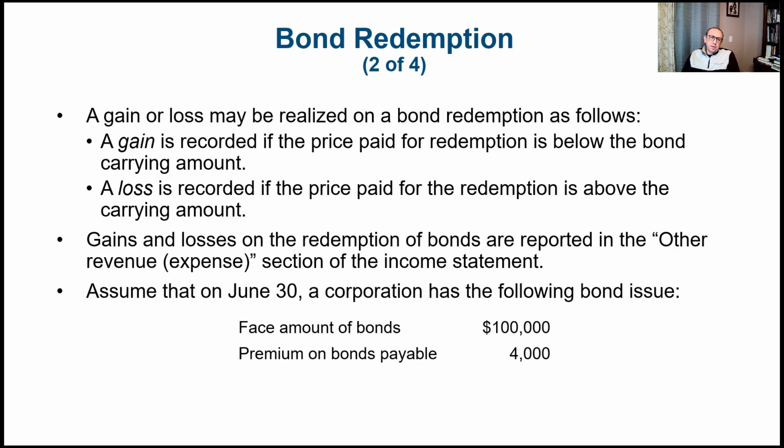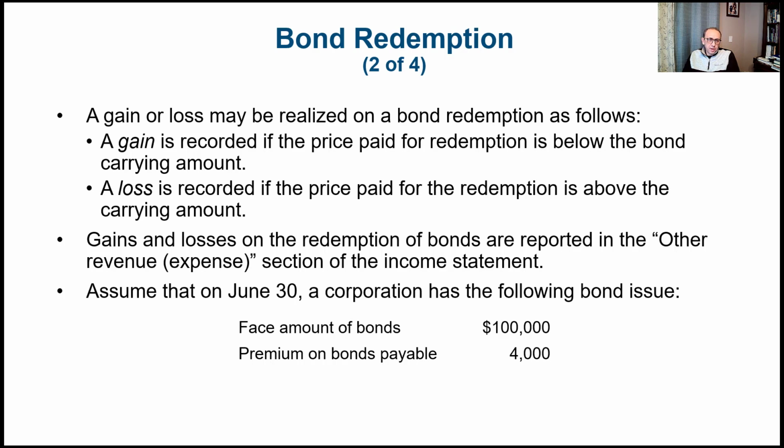So we might have a gain or loss. A gain or loss may be realized on a bond redemption based on the following situation. A gain is recorded if the price paid for the redemption is below the bond carrying amount, or the book value of the bond. So if we were able to buy back the bond at a price below its carrying value, then we have a gain.